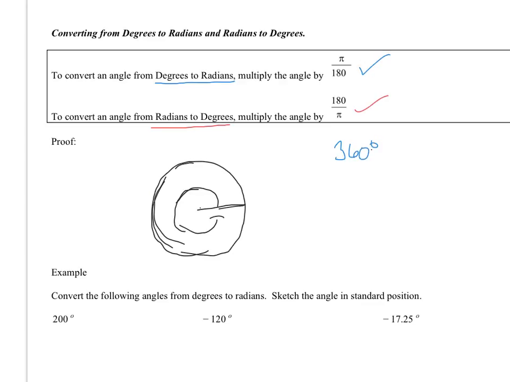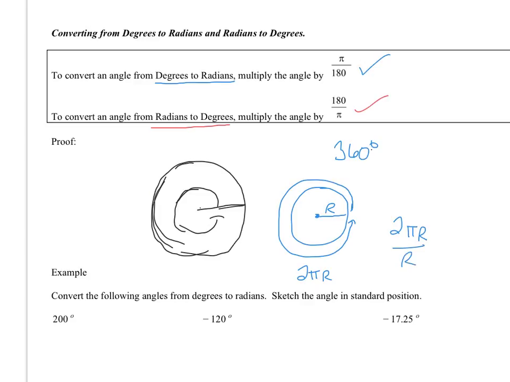But if I do this in radians, let's say I have this circle with radius r. Well, then the distance around this angle, all the way around, is the circumference of the circle, which is 2 pi r. So the arc length is 2 pi r. So our angle in radian measure is 2 pi r divided by r, which is 2 pi.